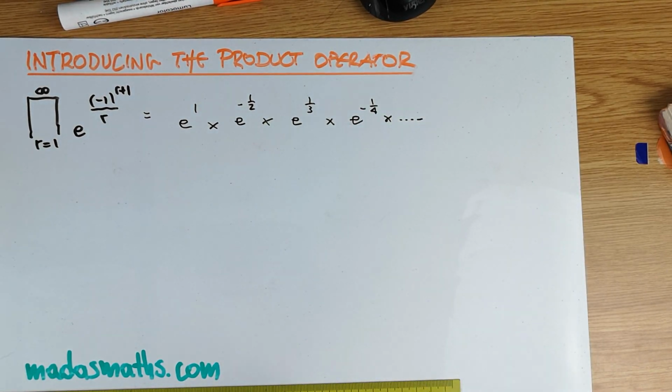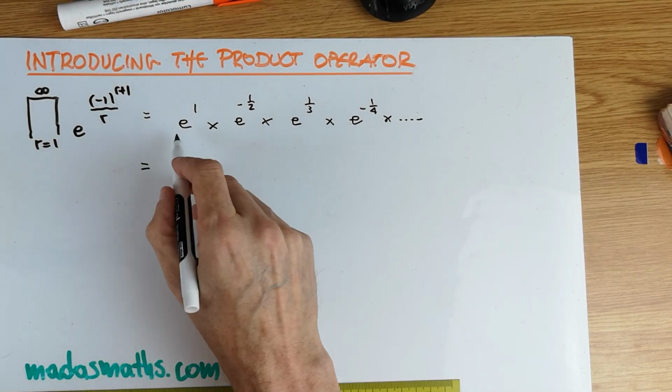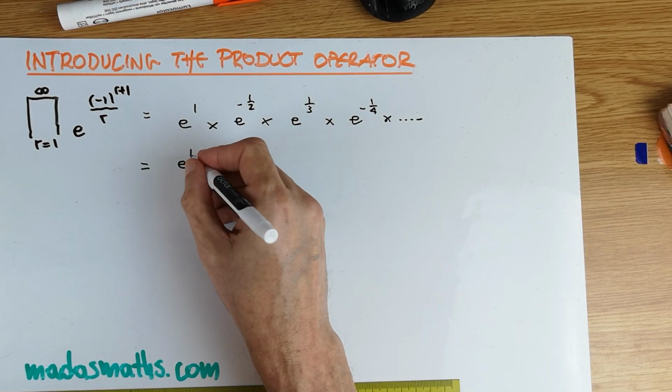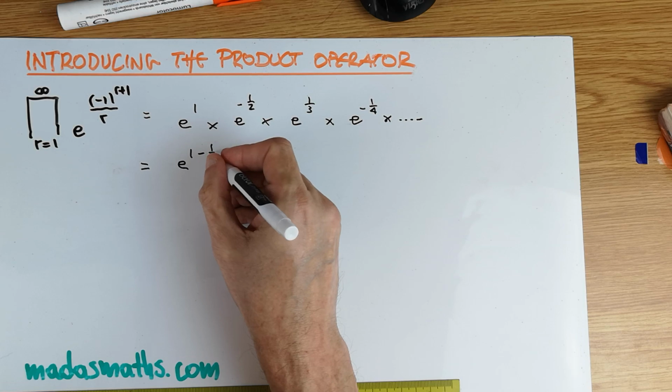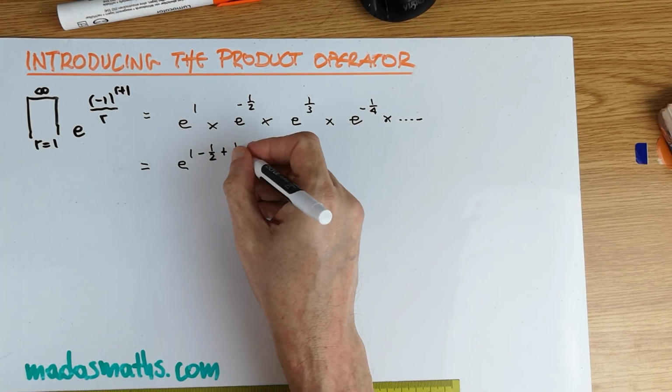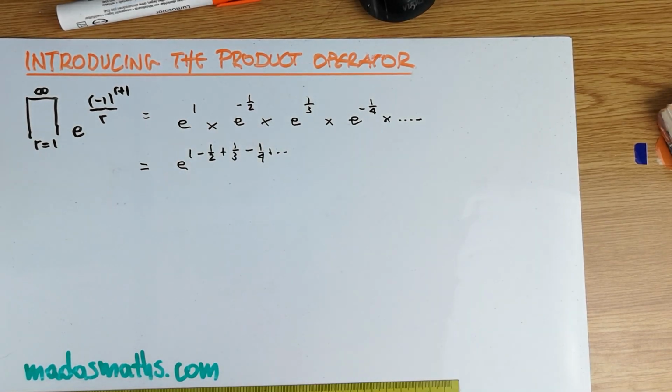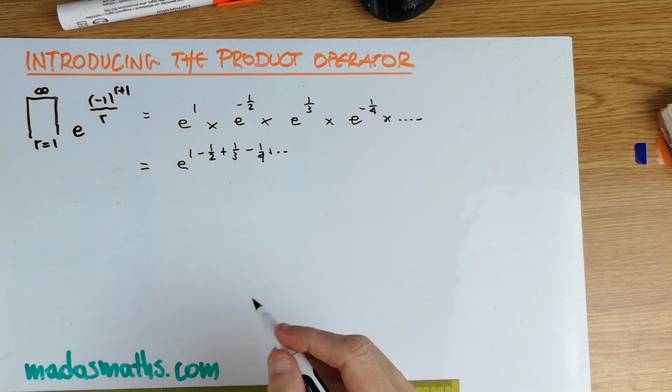forever. So now this is actually quite simple because these are exponential, so they have a special property. So I can compact them into a single quantity on the exponent, 1 minus a half plus a third minus a quarter plus ... This is a very well-known series on the exponent.